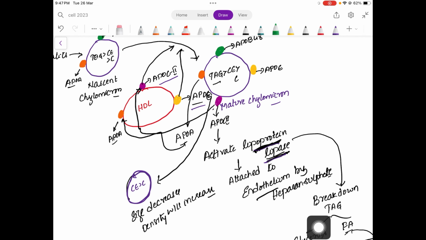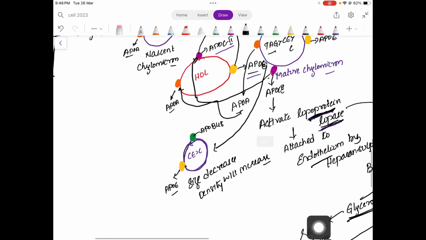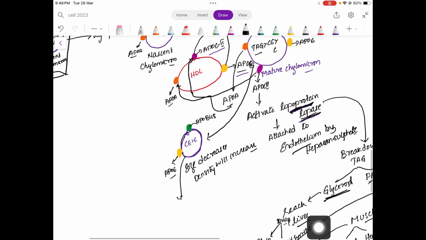Now this chylomicron will have only ApoB48 and ApoE, and this chylomicron is called a remnant chylomicron.